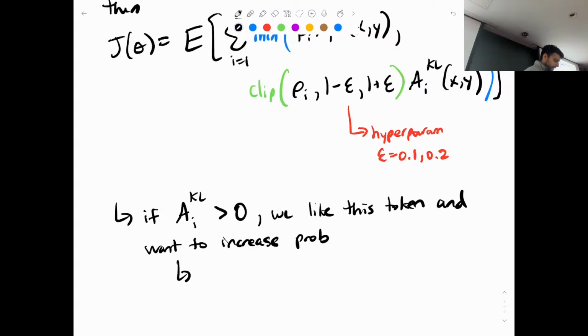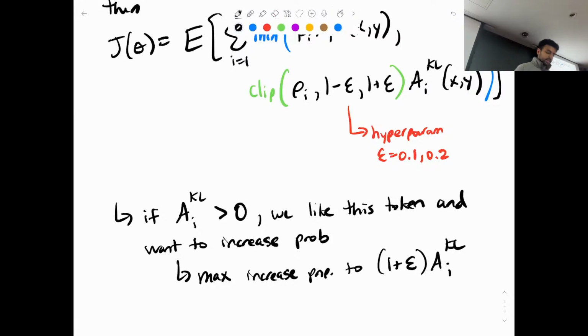However, the max increase is going to be proportional to this 1 plus epsilon times the advantage. So we are not going to let the update get out of control. At most, we might make this token like 1.1 times more likely to occur in this context than before.